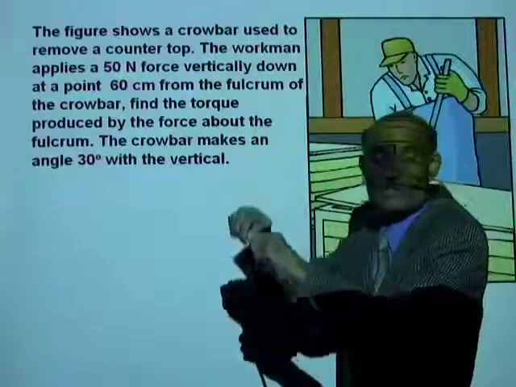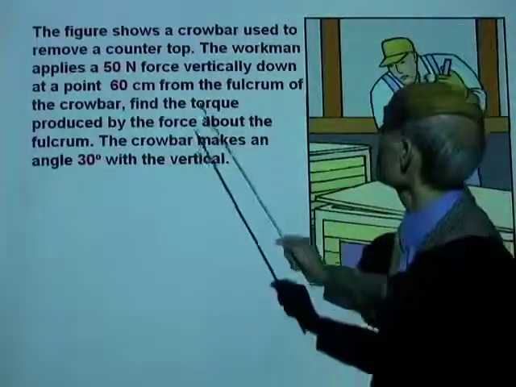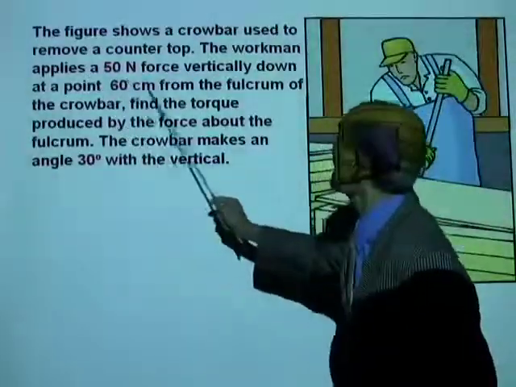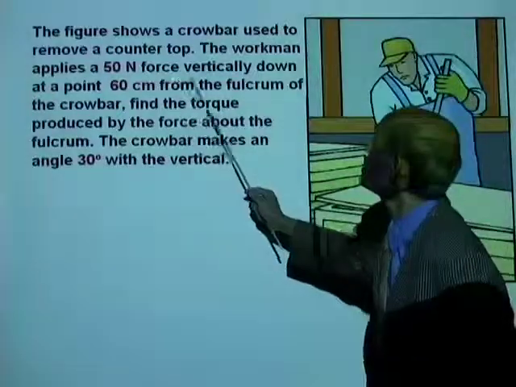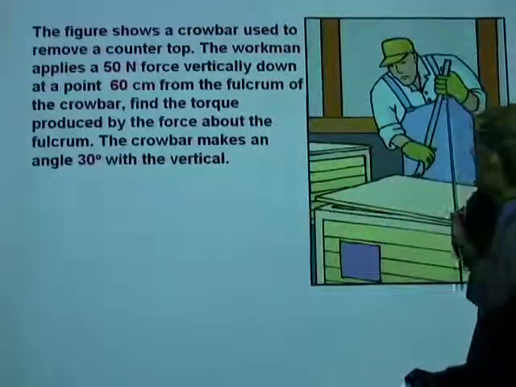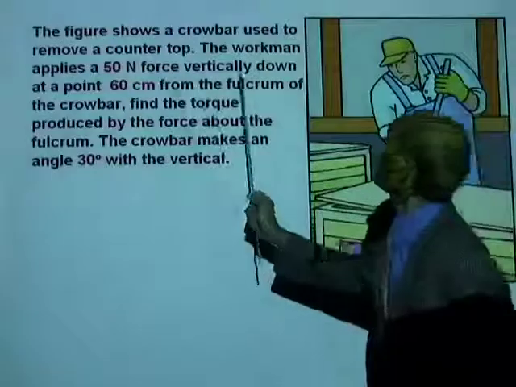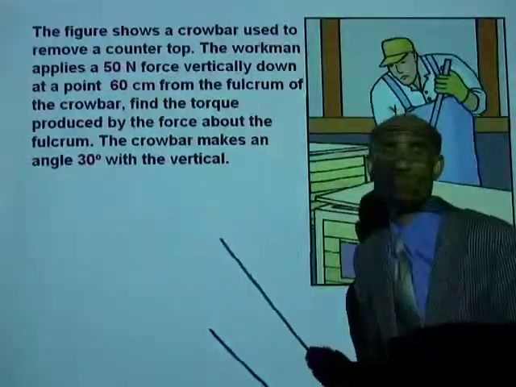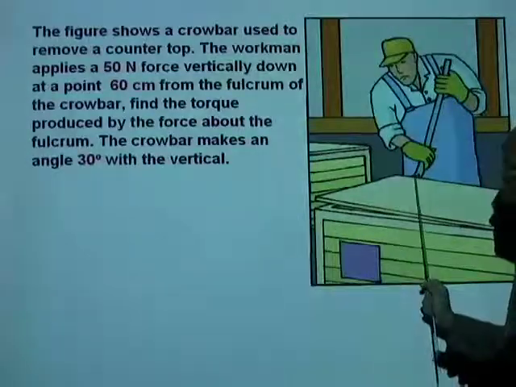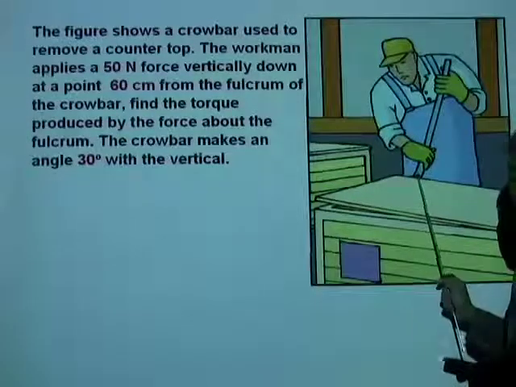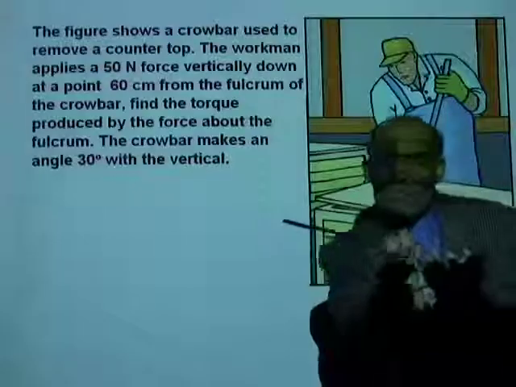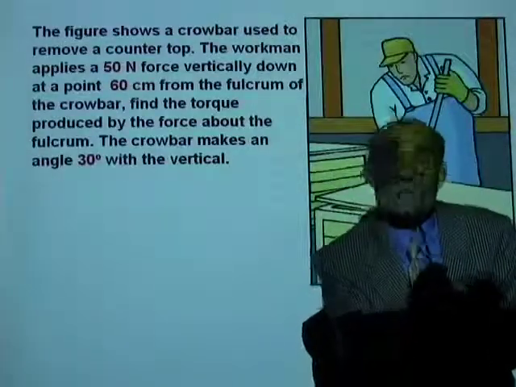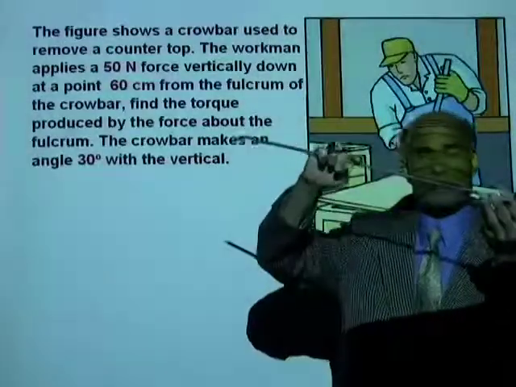That means I am producing a torque. The workman applies a force of 50 Newton vertically down at a point 60 centimeter from the fulcrum. Actually, the fulcrum is where the end of the crowbar is resting on the countertop. That is the fulcrum.